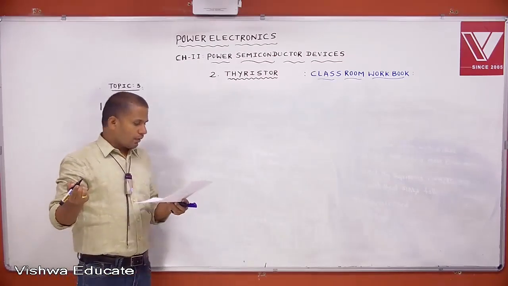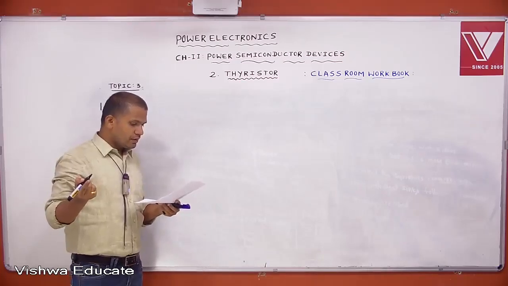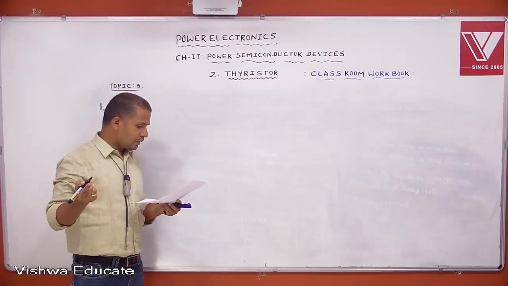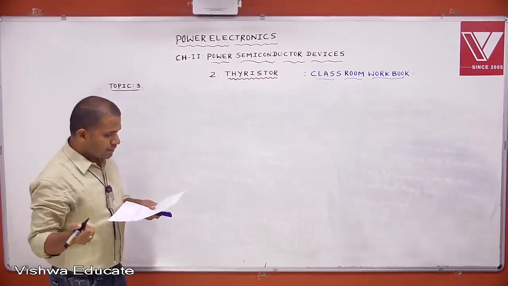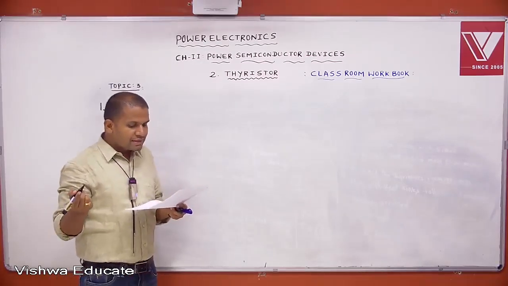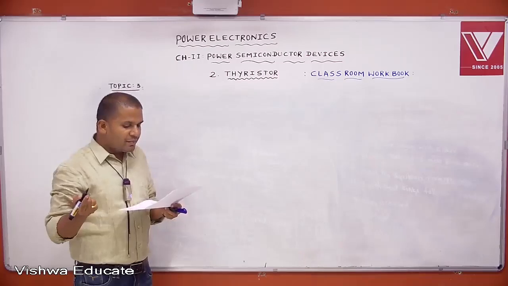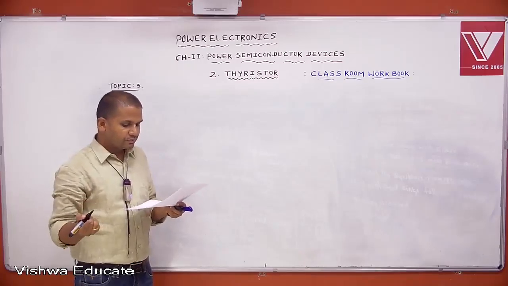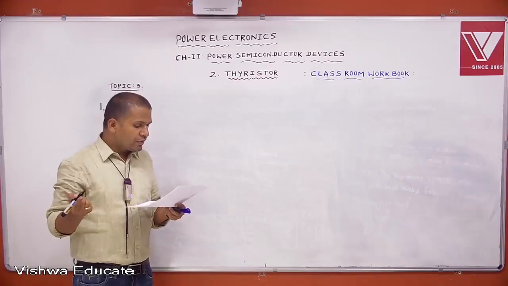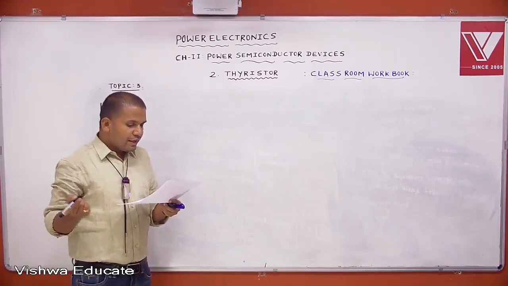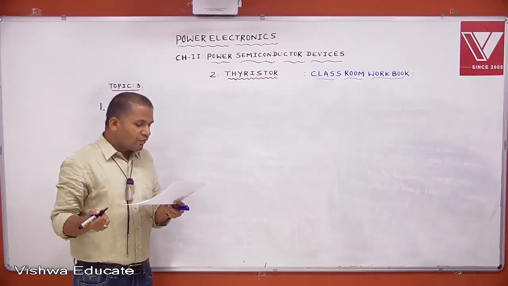First question, read once. For the circuit shown in figure, calculate the maximum values of di by dt and dv by dt for the SCR, if R equal to 10 ohms and C equal to 0.15 microfarad.